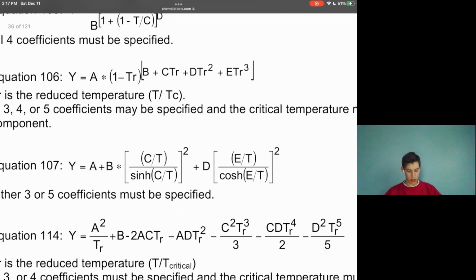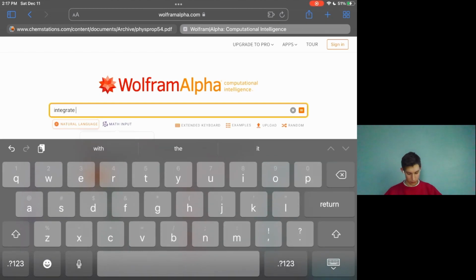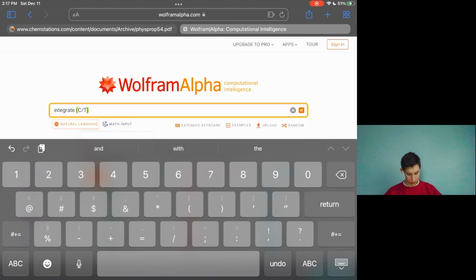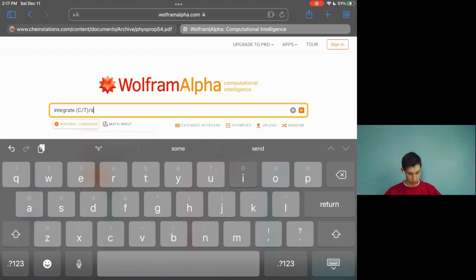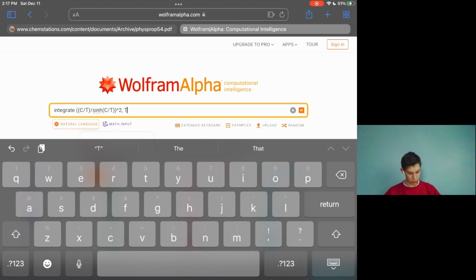I'm just going to integrate this section here, c over t divided by the hyperbolic sine of c over t squared. So I'm going to have c over t divided by the hyperbolic sine of c over t, and all of this is going to be squared with respect to temperature.